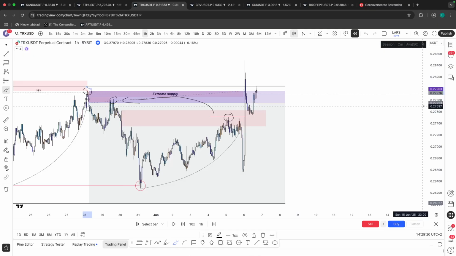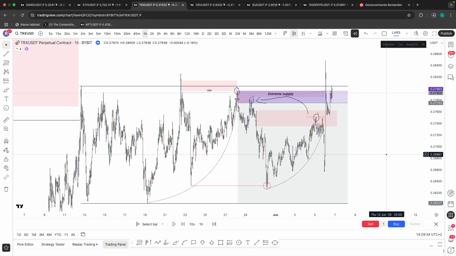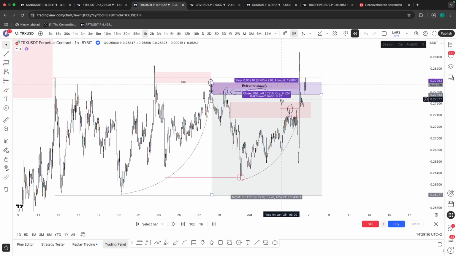And our average entry is at 0.27753 if we had the worst entry. Therefore, if our stop loss is at 0.275, we are getting stopped out in profit and we are actually making money when our initial idea was wrong.